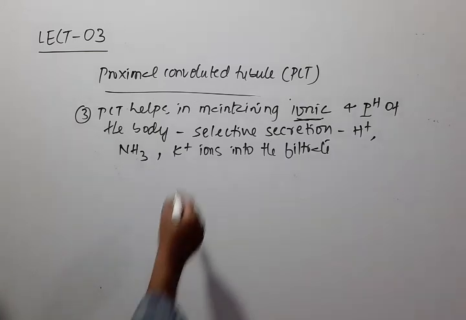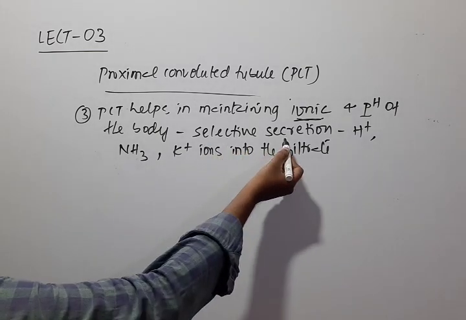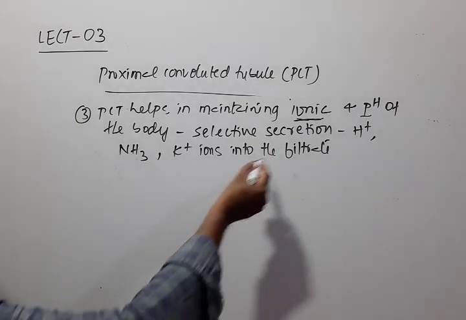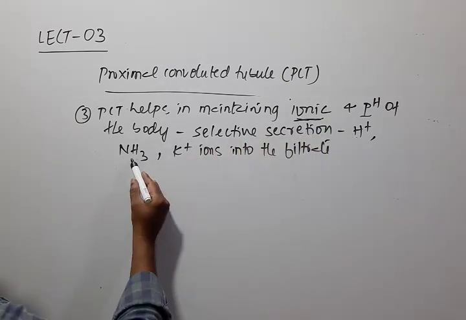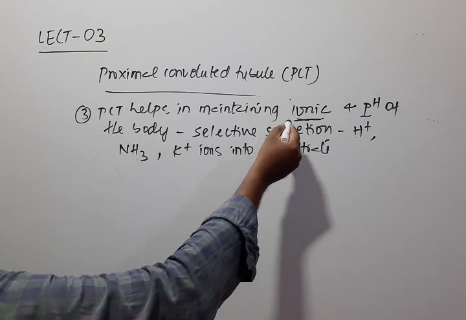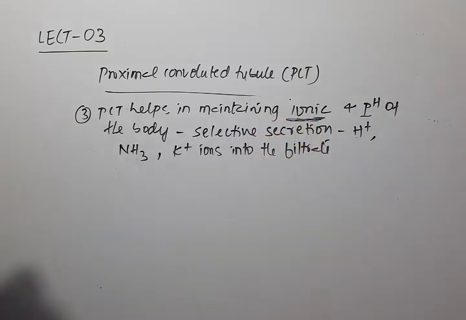And there, selectively some substances will be released back into the filtrate, like hydrogen ions, ammonia and potassium ions. With that it helps the ionic balance, thereby maintaining the pH of the body.